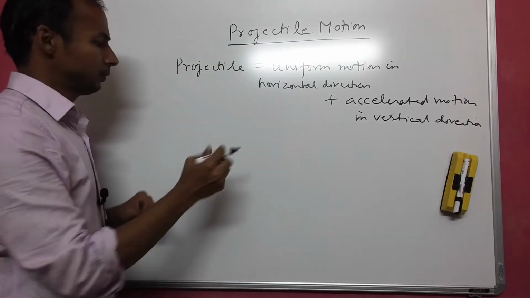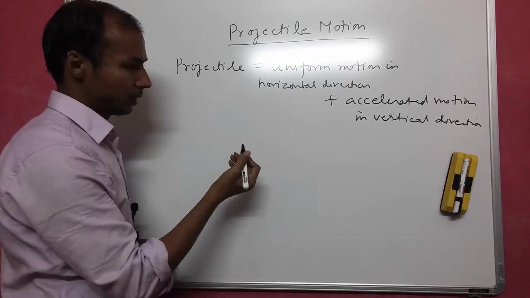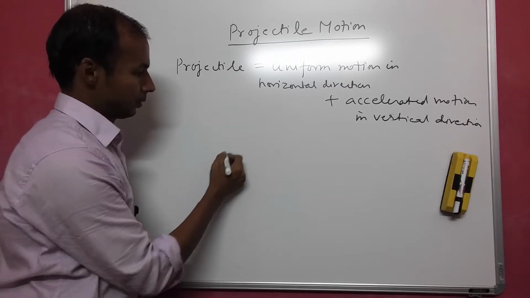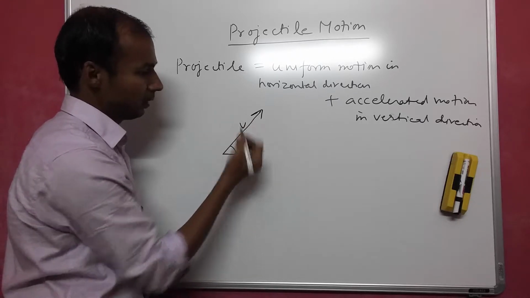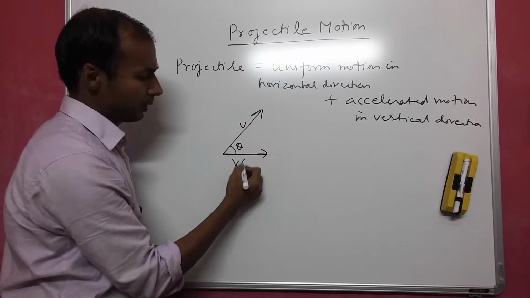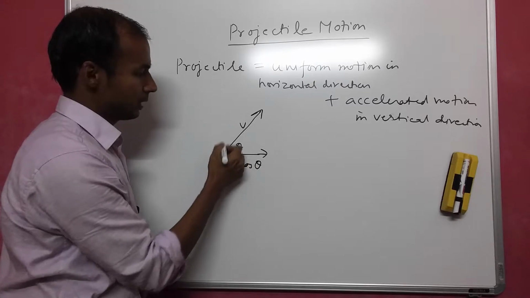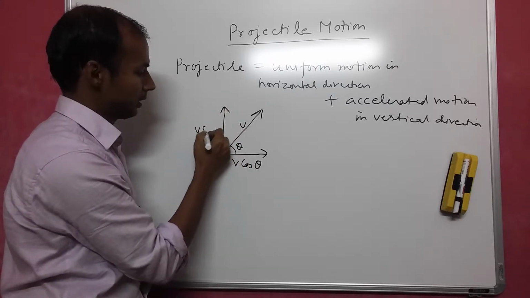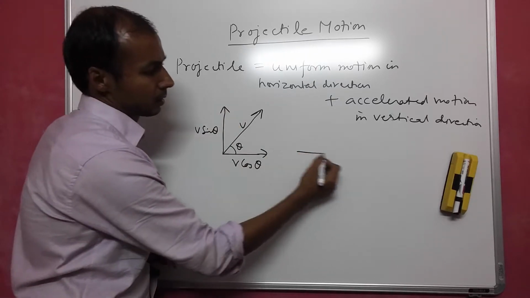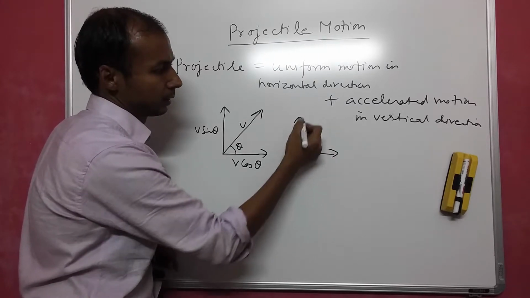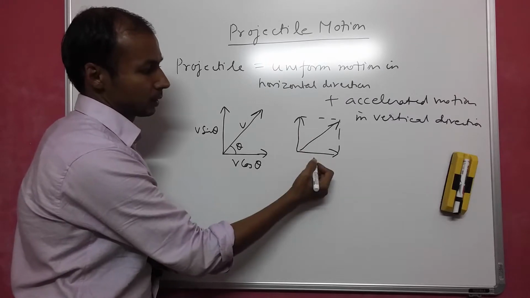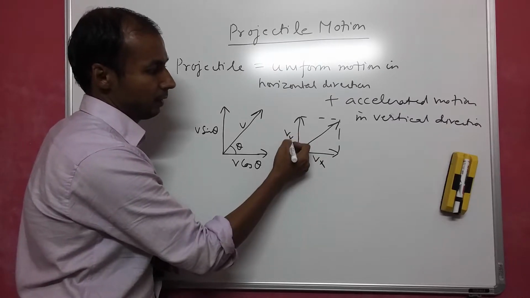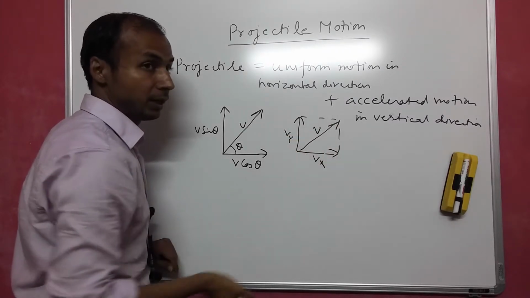When you have thrown an object with a velocity v at theta degrees with the horizontal, it has a horizontal component which we can call v cos theta and a vertical component v sin theta. Correct? The sum of vx and vy is v, vector addition.